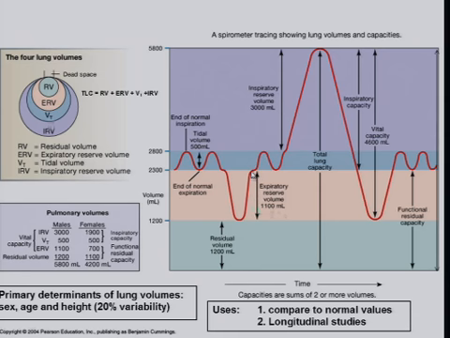So we have a lot more reserve in our lungs that we can push out, obviously using our abdominal muscles and our internal intercostal muscles to push that out. Normally this exhalation is passive. We don't need to use our expiratory muscles. But now if we use our expiratory muscles as much as we can, this is expiratory reserve volume.